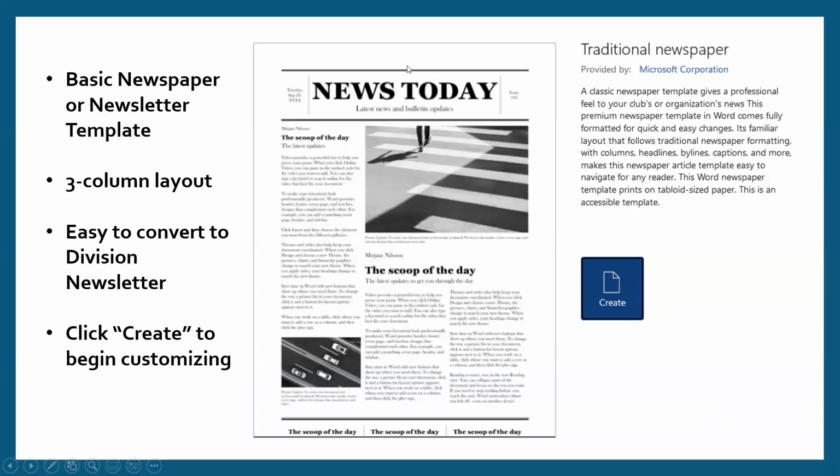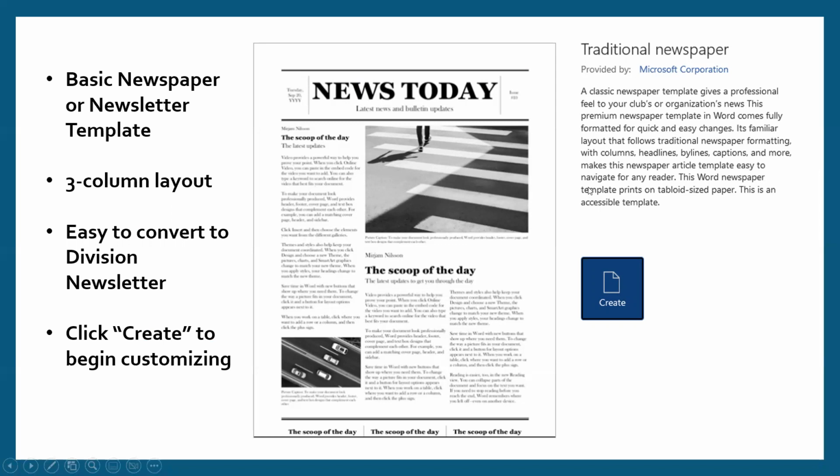So say I wanted to use this template that I just showed you on the previous screen. Okay, as you can see, this is very similar to templates that you've seen in other newsletters. Up here, you have your heading, you can put your date, you have a 3-column format, you have a place for images and things like that. So this is a typical basic 3-column format for a newsletter, even though it says traditional newspaper.